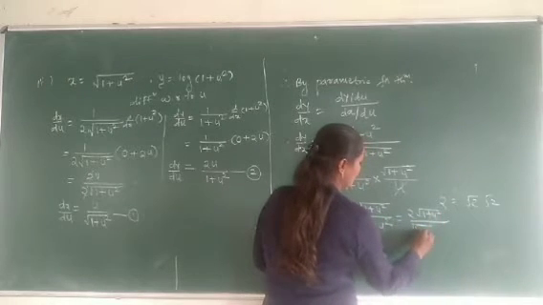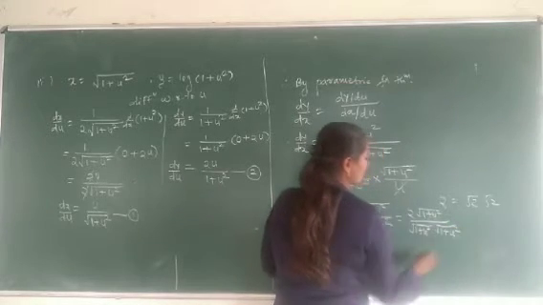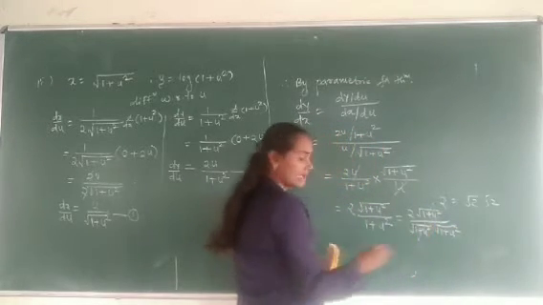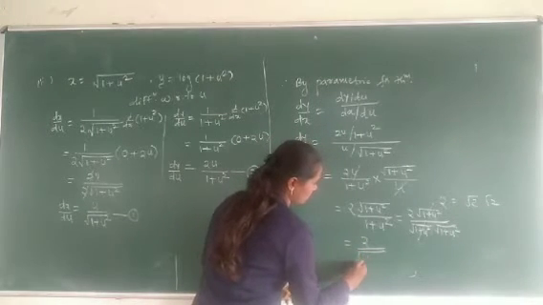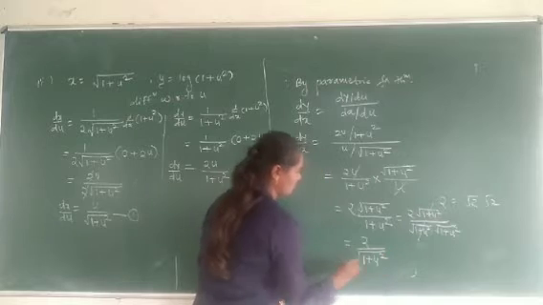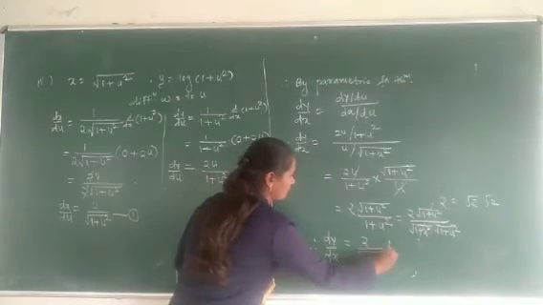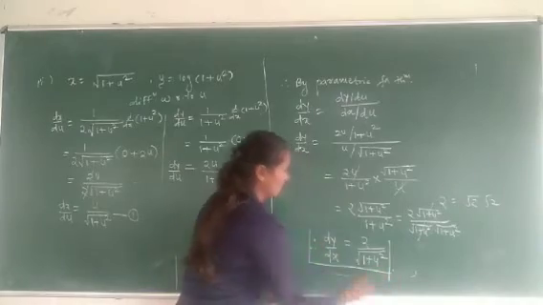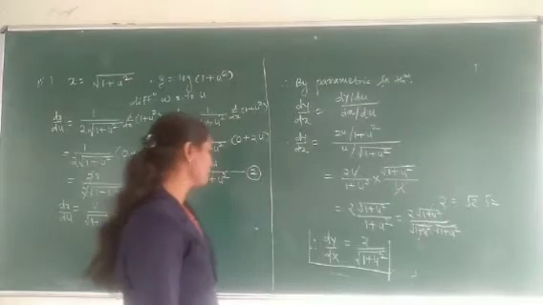Now this root will get cancelled, and so the answer is 2 upon root 1 plus u square. That is the value of dy upon dx. Therefore the answer is 2 divided by under root 1 plus u square.